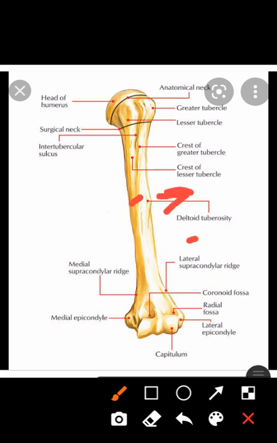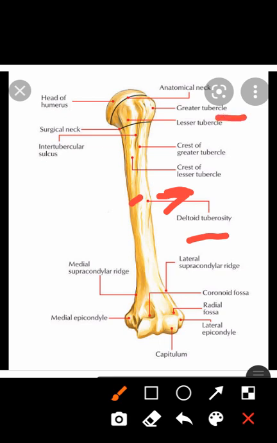This is the deltoid tuberosity. This deltoid tuberosity must be on the lateral side of the humerus. So when you hold this in your hand, you have to point the head onto the medial side. Head should be pointed towards the medial side.